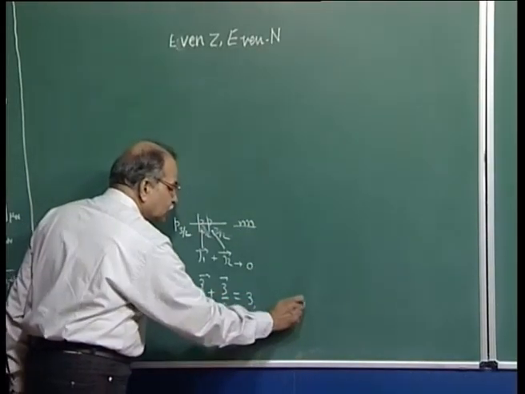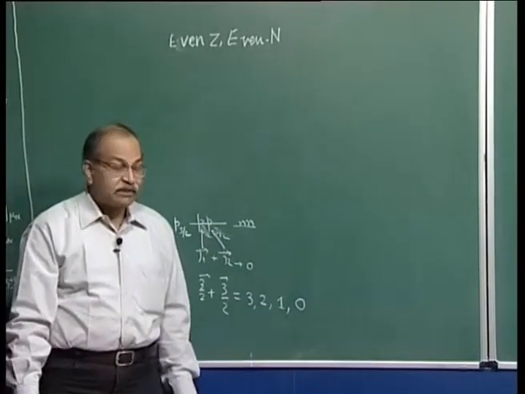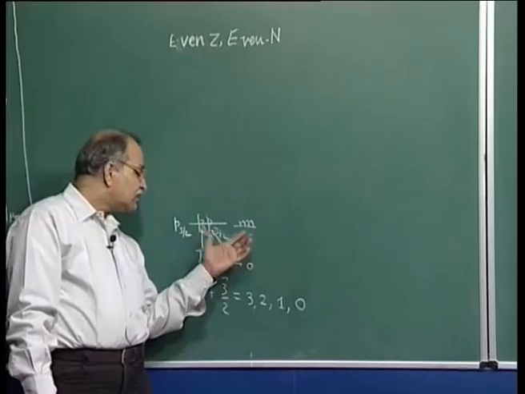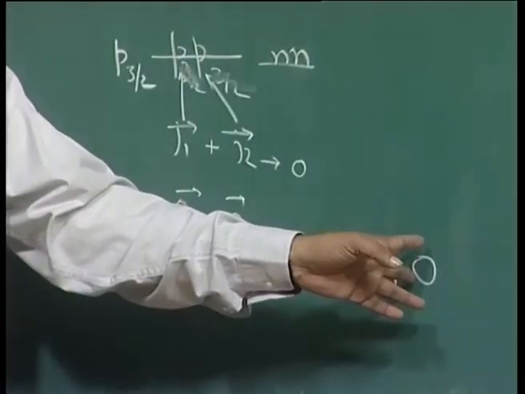So, all these values are possible in general, but they are paired, that means they have chosen to have this angular momentum 0. Okay.